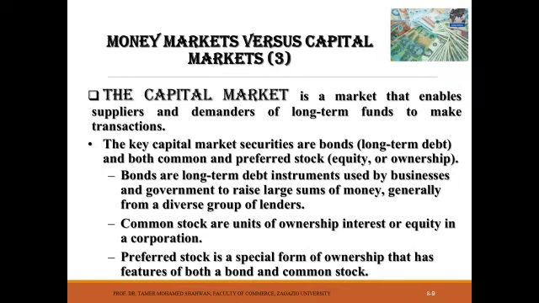On the other hand of the money market, we have the capital market. What is the capital market? The capital market is the market that enables suppliers and demanders of long-term fund to make a transaction. In this type of market, all types of securities traded are long-term, meaning they have a maturity of more than 1 year, such as common stocks, preferred stocks, and bonds.